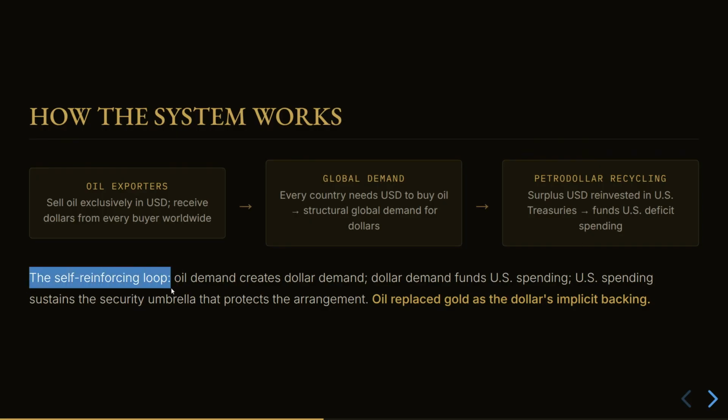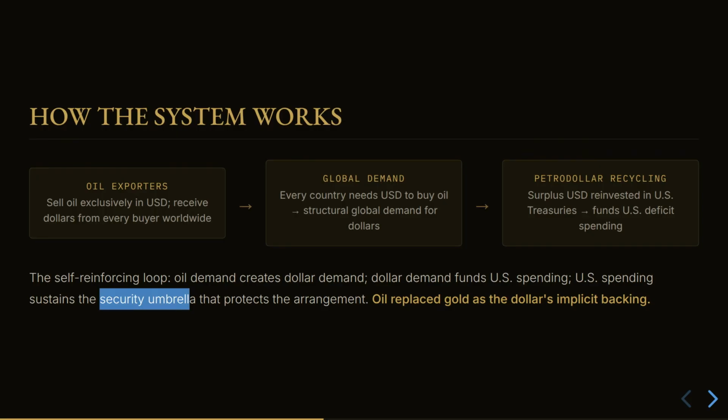The self-reinforcing loop. Oil demand creates dollar demand, sorry. Dollar demand funds US spending. US spending sustains the security umbrella that protects the arrangement. Well, security umbrella, that's basically military bases all around the world, all the military might of the United States.